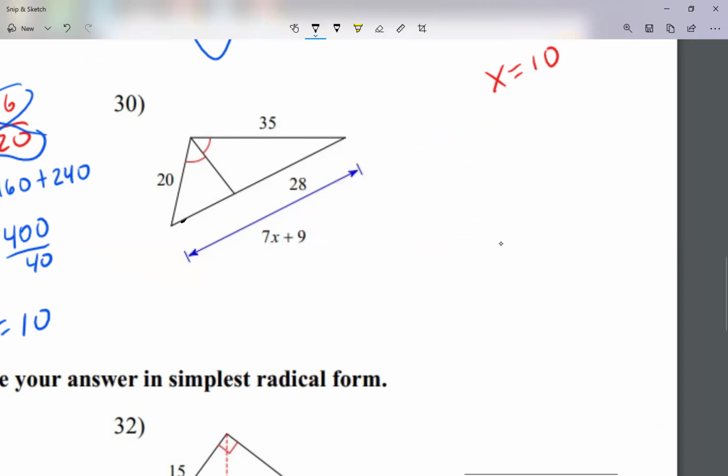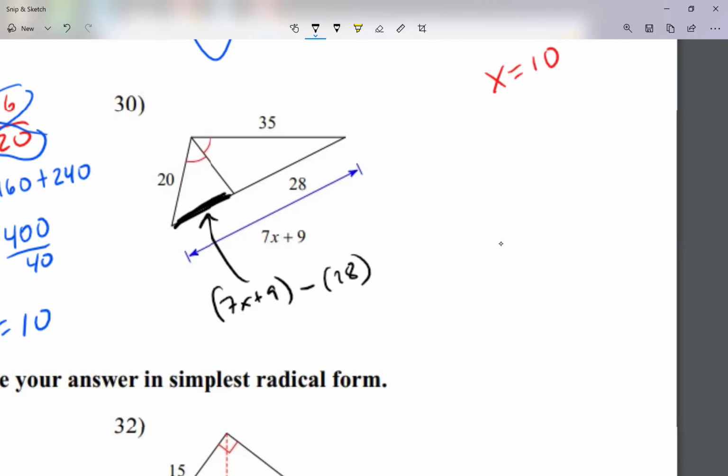I need to solve for this small measurement. And I'm going to say it's going to be 7x plus 9 minus 28. The big measurement minus the small measurement. Let me get rid of parentheses. So 7x plus 9, this minus applies to everything inside the parentheses.